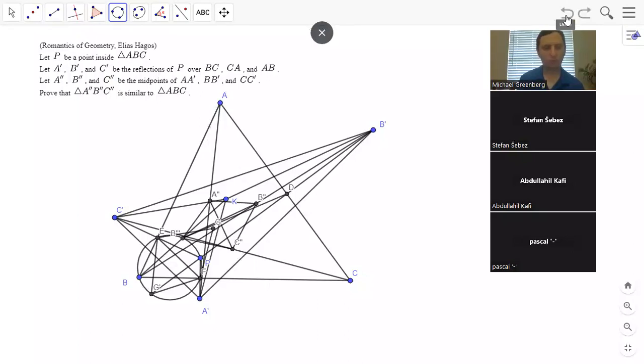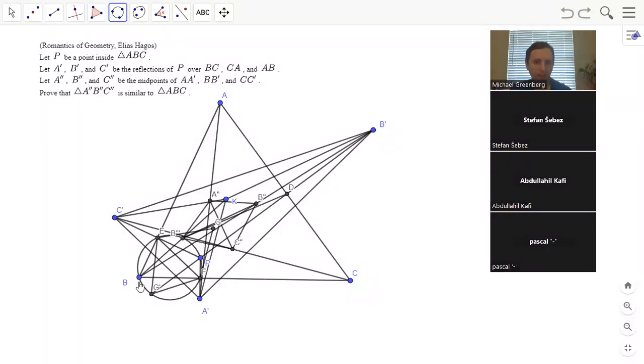No. So if we draw PA, PB, and PC, then we have A double prime is parallel to PA, and C double prime is parallel to PC.